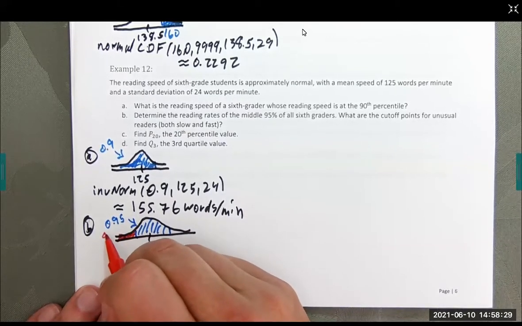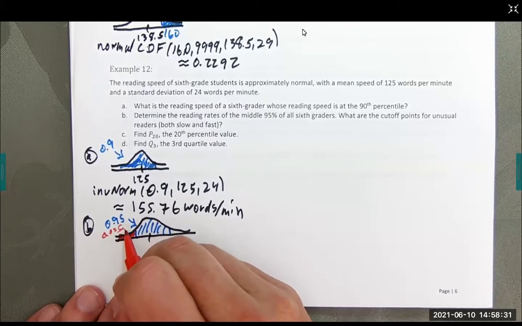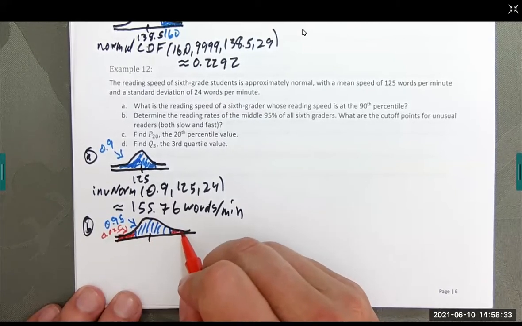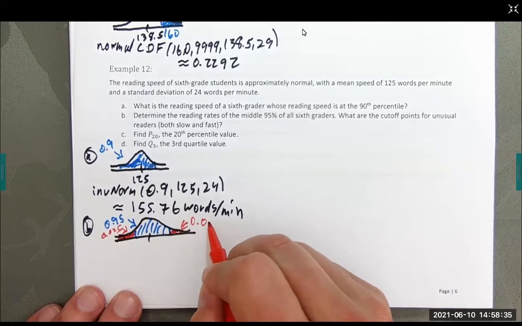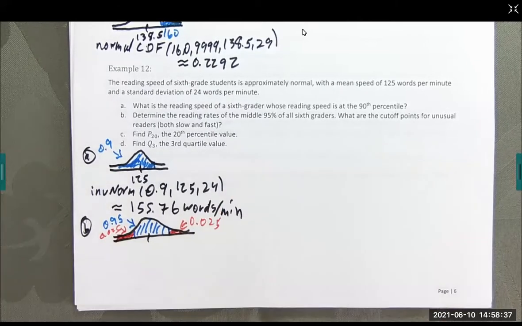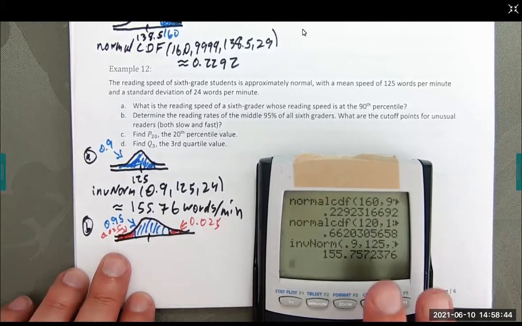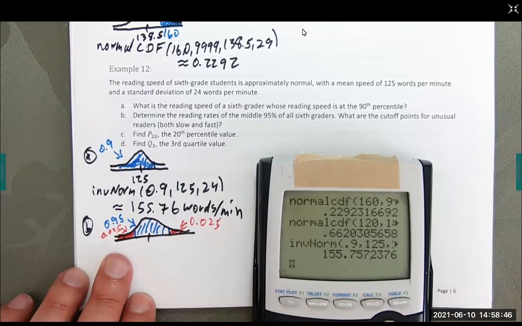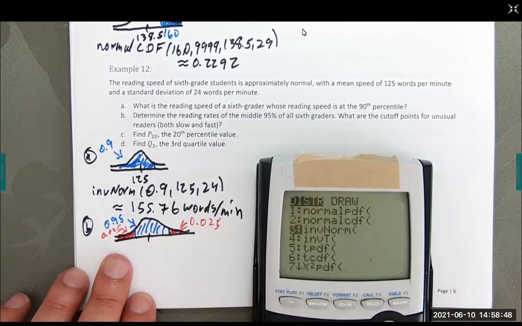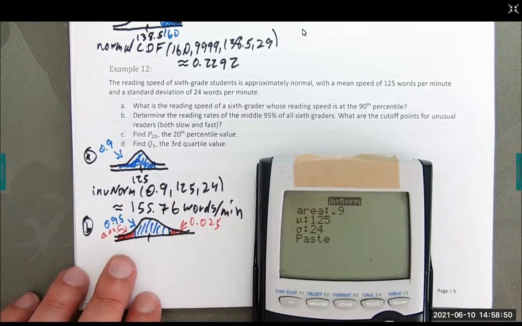So 0.025, and also here, 0.025. And remember, it's area to the left. So area to the left here is 0.025. Mean and standard deviation are the same. That's nice.